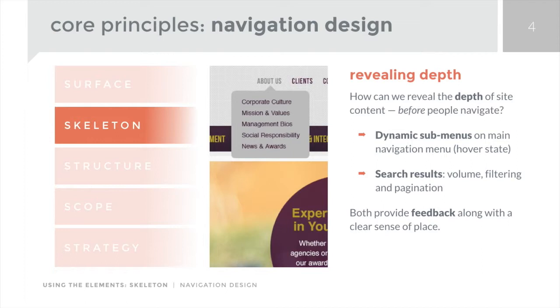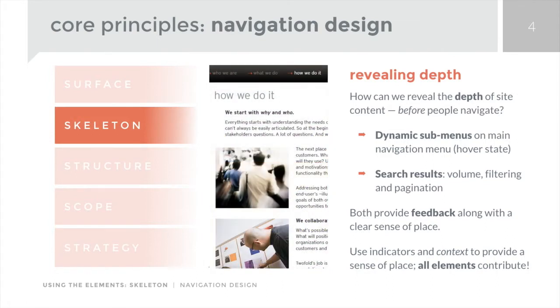The other way that depth is revealed is by using indicators and context to provide a sense of place. Every single element of the page, no matter how seemingly insignificant, contributes to this. Here's a very simple example. The fact that a page title matches literally the navigation label. In the navigation menu, the label says how we do it. When we hit the page, guess what?